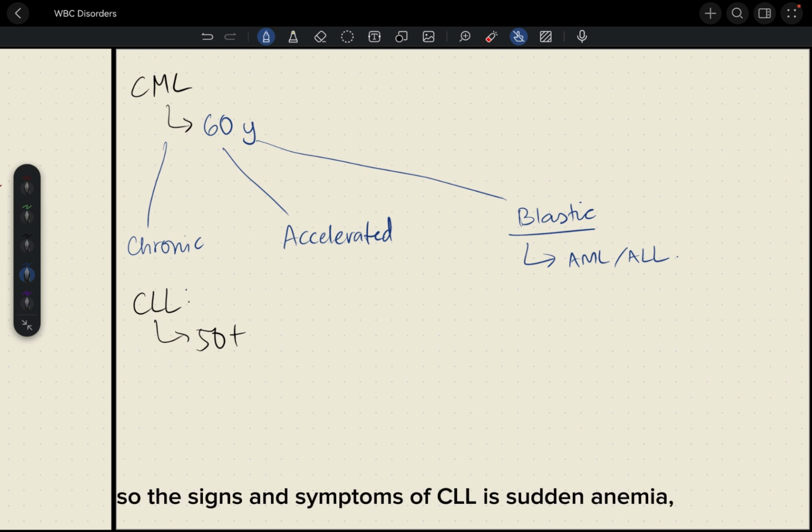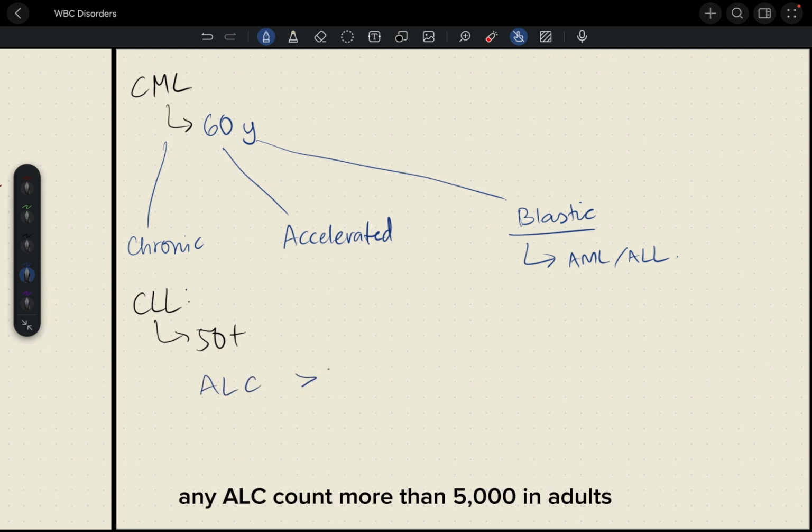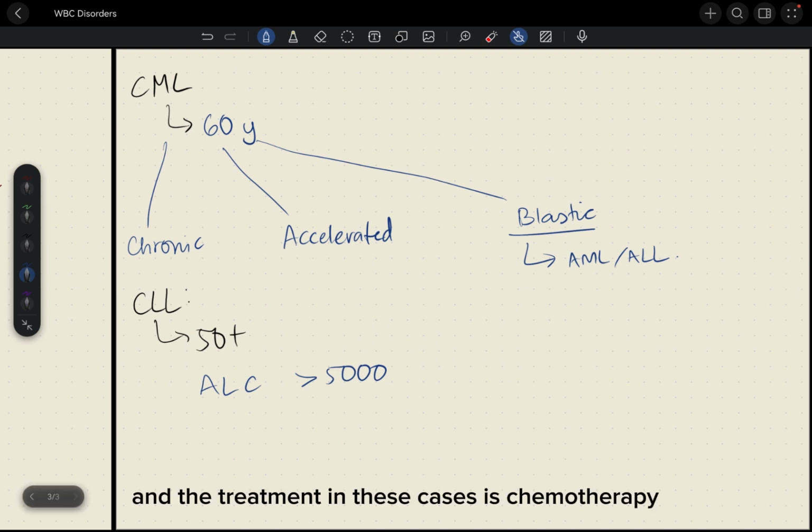So, the signs and symptoms of CLL is sudden anemia, jaundice, pallor, increased susceptibility to infection. Any ALC count more than 5,000 in adults should tip you off towards CLL, and the treatment in these cases is chemotherapy.